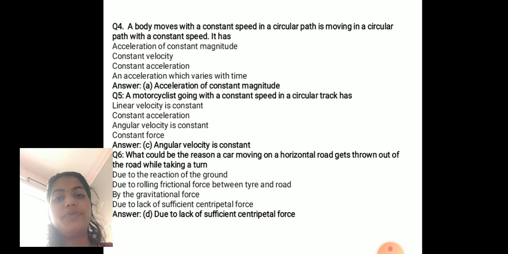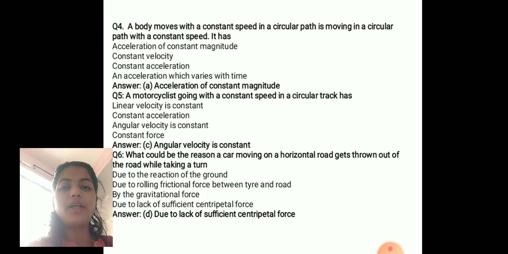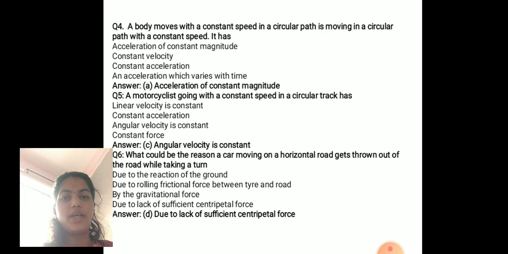We know that centripetal force is a real force directed along the radius toward the center of the circle. On the curved surface, the centripetal force is lacking or insufficient, and because of that the car is thrown out of the road.